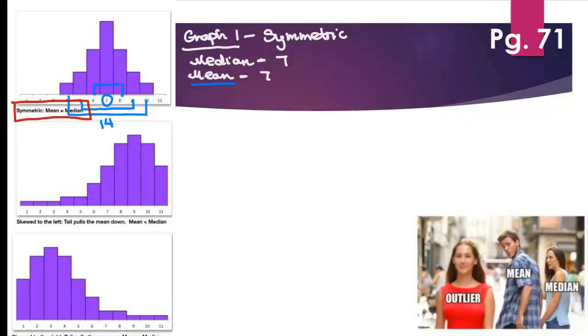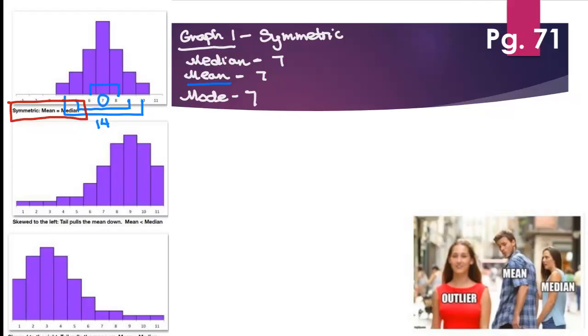Okay? What about the mode? What is my mode here? It is also 7. How can you tell? The highest bar, right? So your mean, your median, and your mode are all the same, and they are 7. Since we have a mode, how many modes do we have here? 1.